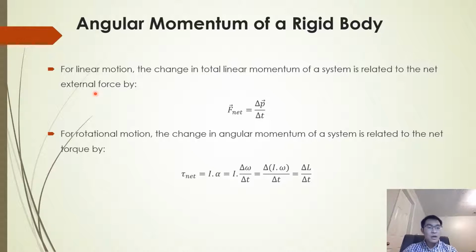And for rotational motion, the change in angular momentum of a system is related to the net torque by torque net equals delta L over delta t. And next, we will introduce the analogies between linear and angular momentum and energy.